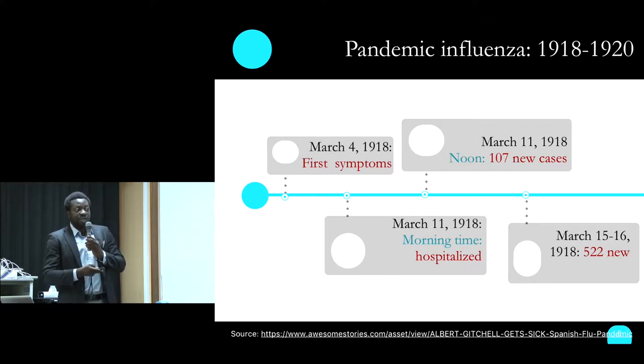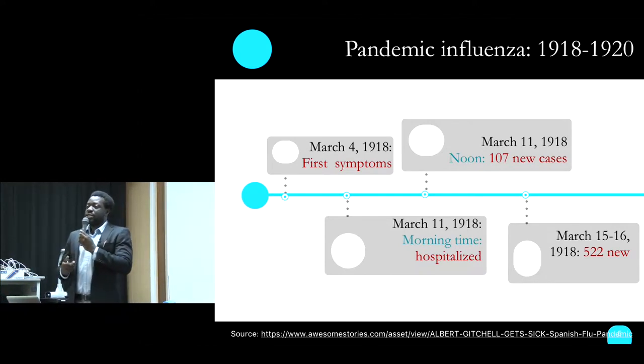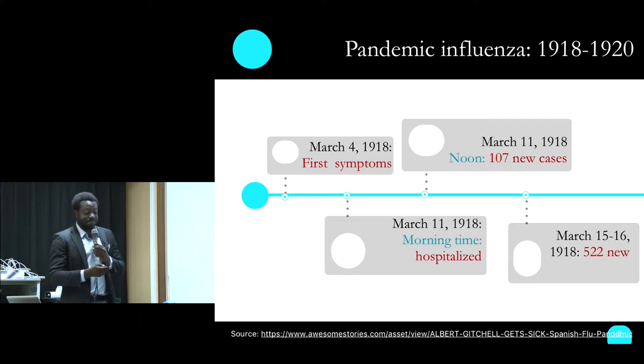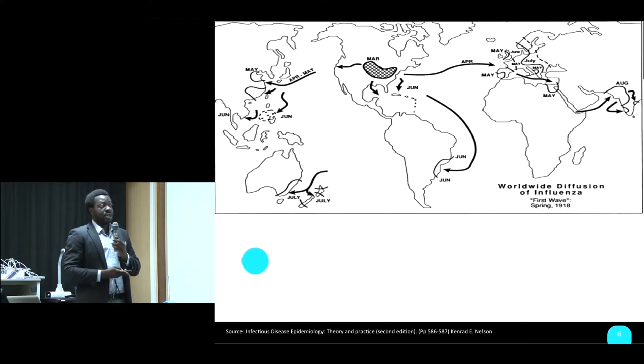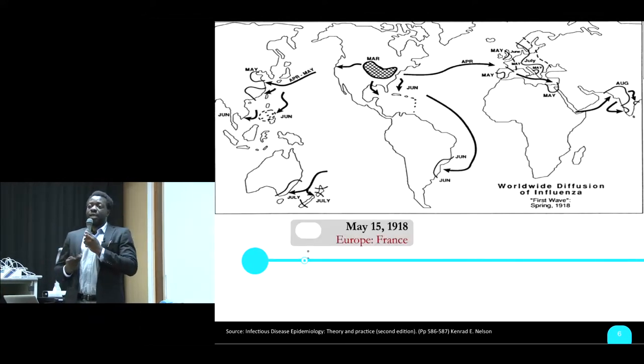And on March 15, which is about 10 days from March 4, there were around 522 new cases, and some developed very severe pneumonia and died of it. Because the troops were sent to Europe, the infection rapidly traveled from America to Europe.